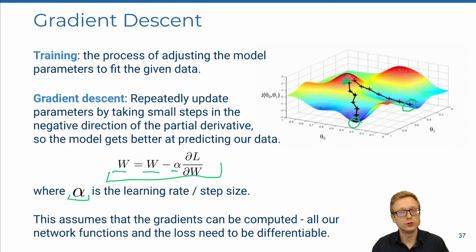Now, in order to do gradient descent, we have to construct our neural networks in a way that they can be back-propagated through. So all the functions that we are using in our neural network have to be differentiable, and the loss needs to be differentiable as well.